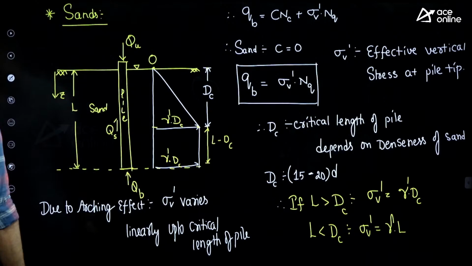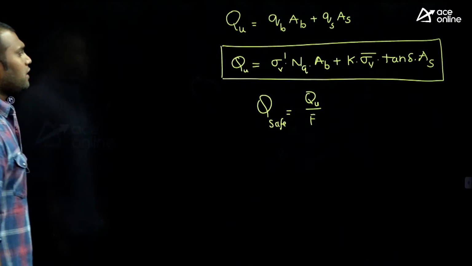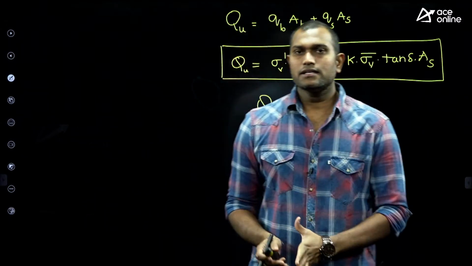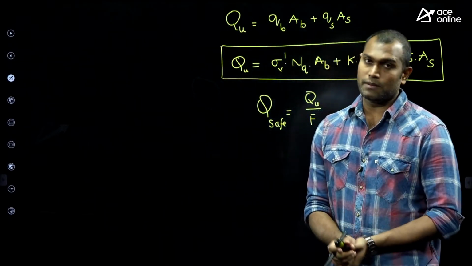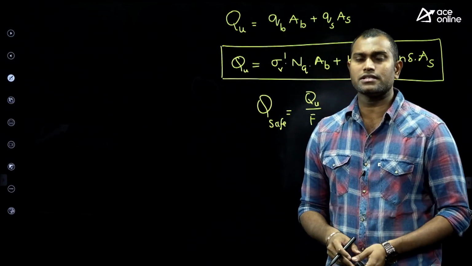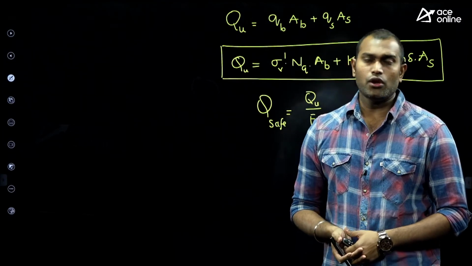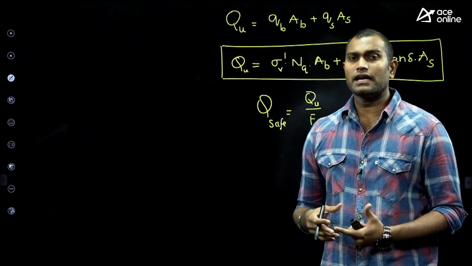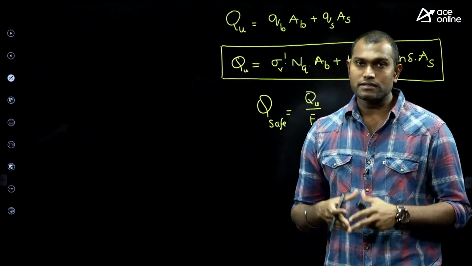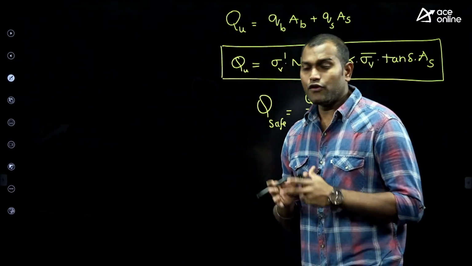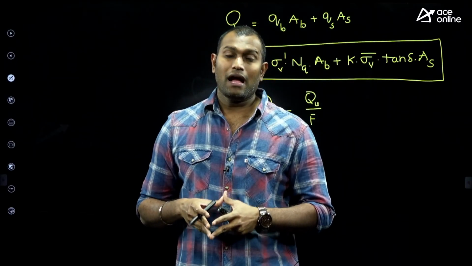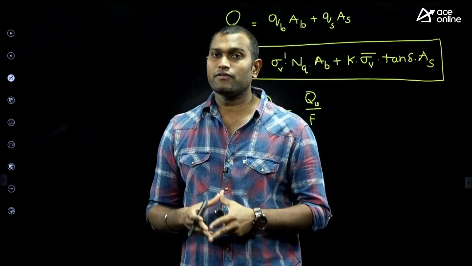Now, we never construct the structure directly on a soil mass. We never construct the structure on a single pile, do we? No. We construct the structure on a group of piles, right? And if you construct the structure on a group of piles, what is the ultimate load carrying capacity of the group?